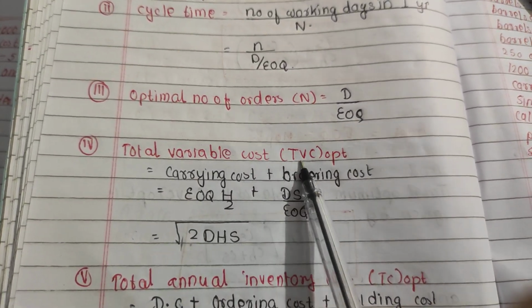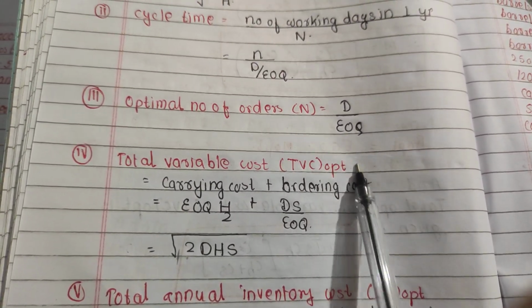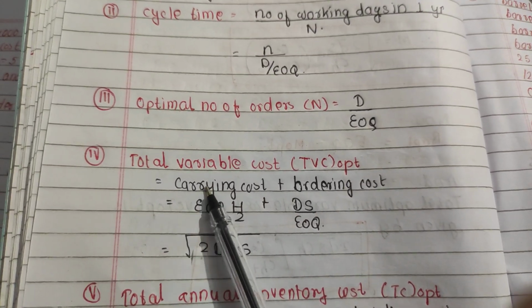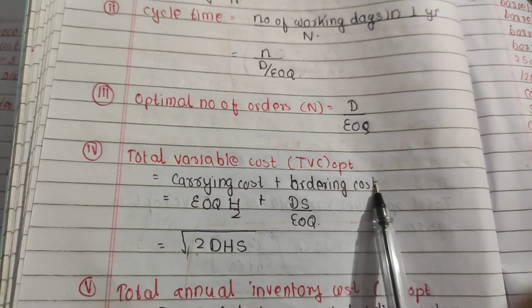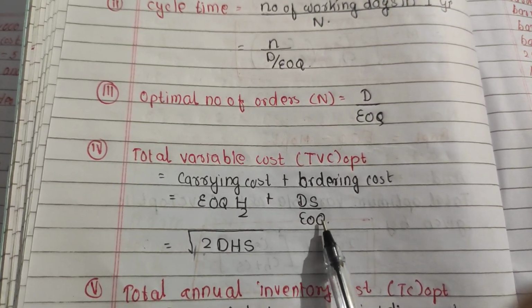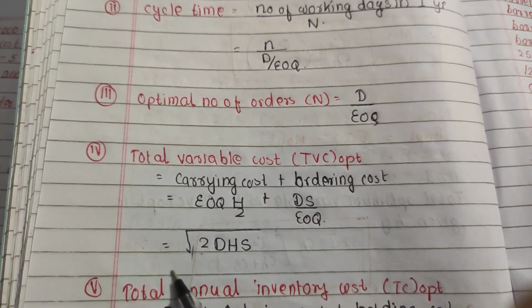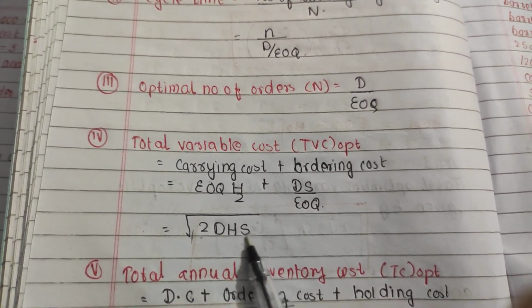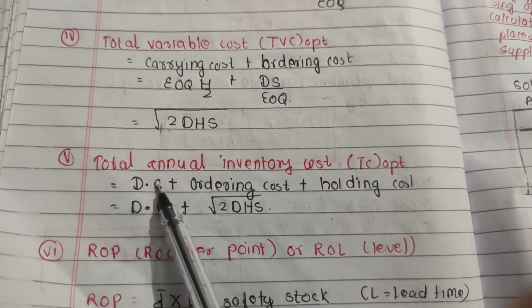And the total variable cost, TVC, for constant demand is given by carrying cost plus ordering cost, which is EOQ H divided by 2 plus DS by EOQ, which eventually gives root over 2DHS.